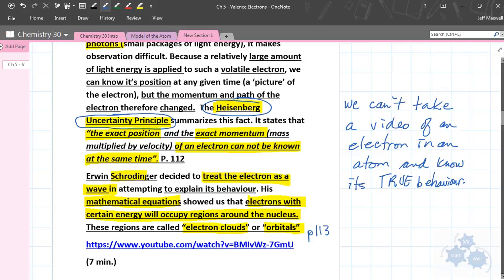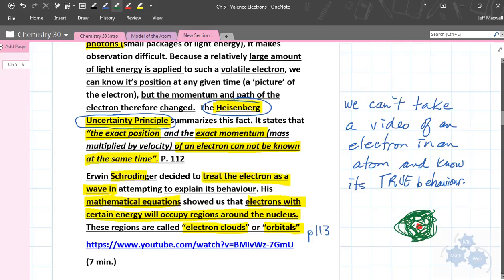Now, let's say that this is the nucleus over here. This is the nucleus of an atom, and we have an electron flying about. Okay, it's flying around, and even this little drawing that I'm drawing right here, this electron is three-dimensional. It's flying around, and you can tell that it's in totally random, chaotic motion.